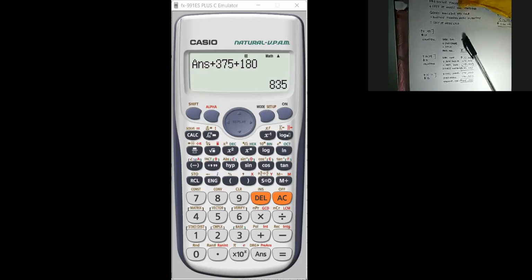So we are able to find out the answer of the book is wrong. The correct answer is 835, also the same as the book, 835, but the letter is letter B, not letter C. Okay, so let's go to the next problem.